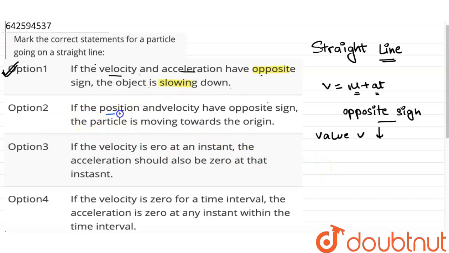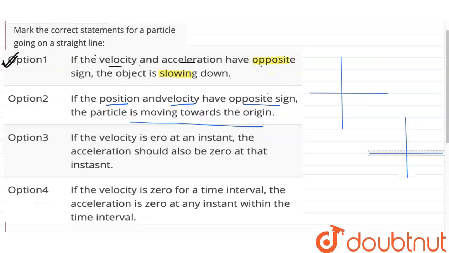If the position and velocity have opposite sign, the particle is moving towards the origin. So for the second option, let us consider two situations. Situation 1, when the position is at a negative value. Therefore, for velocity to have opposite sign, velocity needs to be in the positive direction.